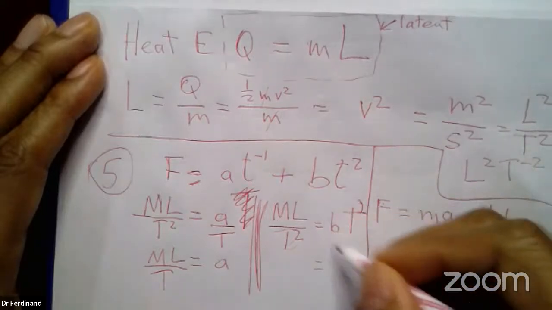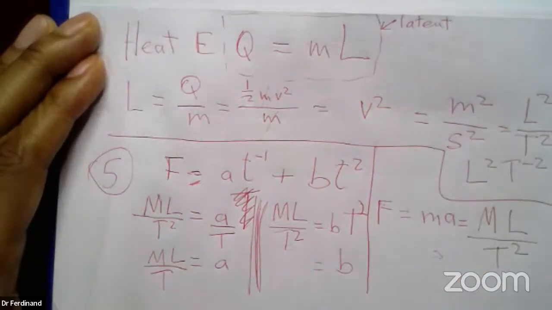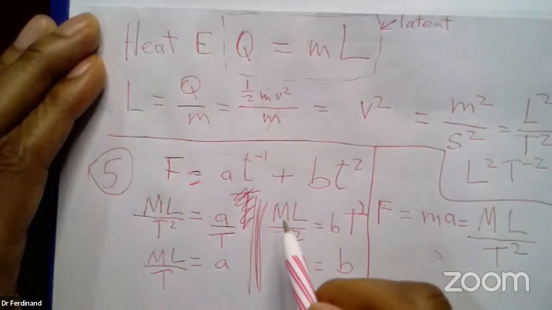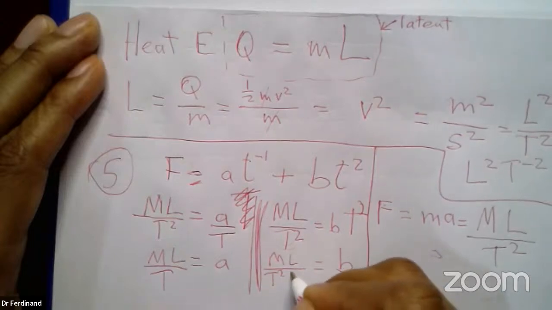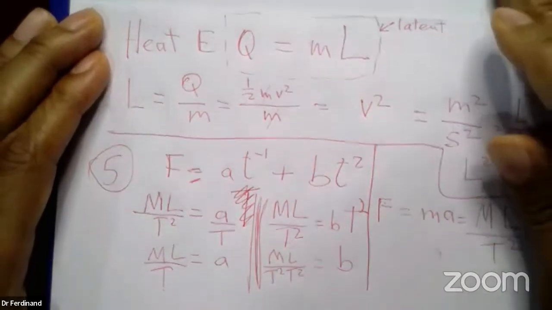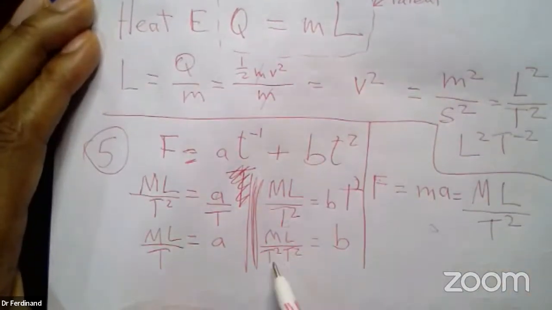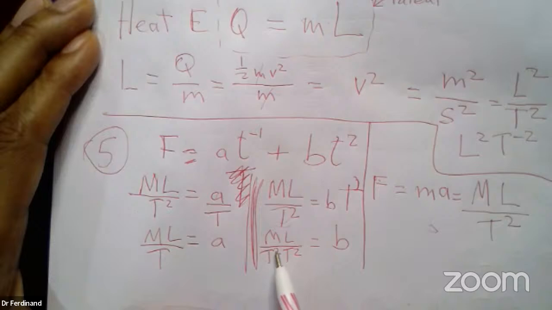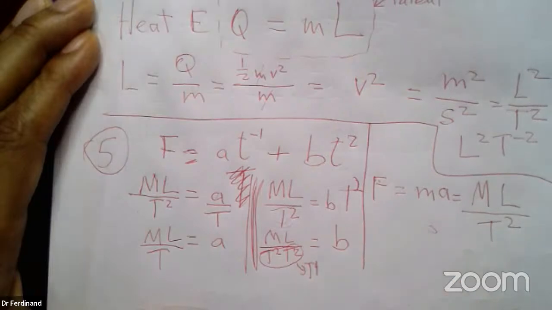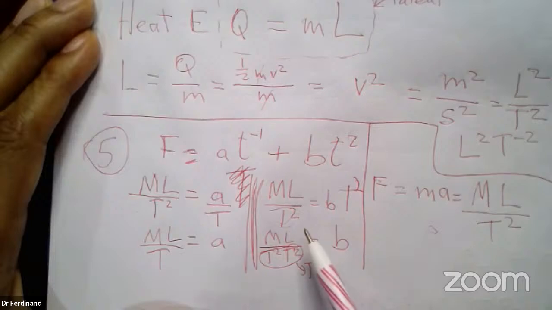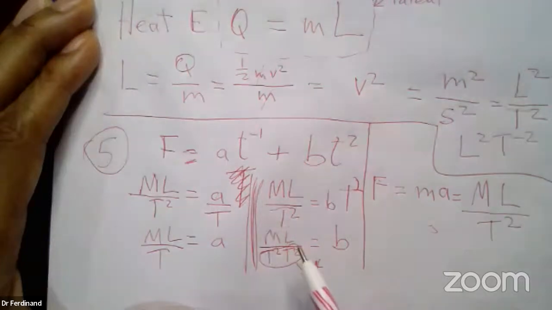If I divide this side by T squared, I get to isolate B. If I divide this side by T squared, well, then I'll have ML T squared and another T squared in the denominator because I divided that side by T squared. So when you have the same base, you add the exponents. So this is the same as T to the power of 4. And because it's in the denominator, if I want to bring it upstairs, I change the exponent to T to the minus 4. So I have ML T to the minus 4. Again, answer choice D.